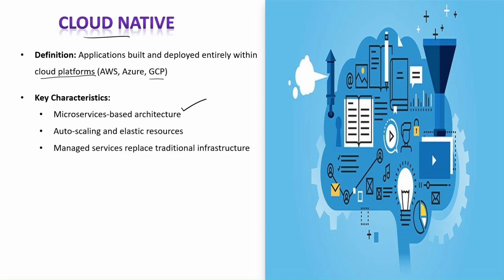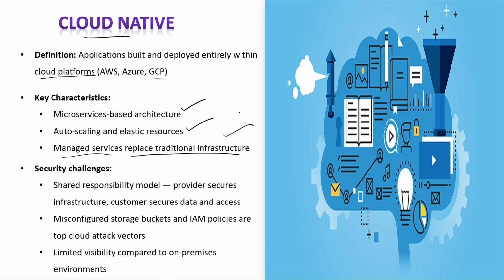They have auto scaling and elastic resource capability, and managed services basically replace the traditional on-prem infrastructure. Security challenges of cloud native infrastructure: we now have a shared responsibility model. The cloud provider secures the physical infrastructure, the servers, the network devices, and the physical security of the data center, while the customer mainly secures the data and access control.